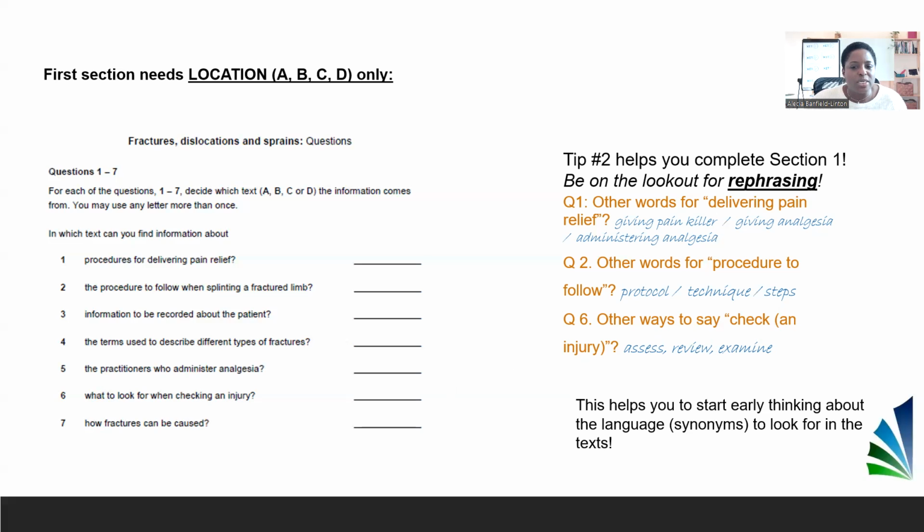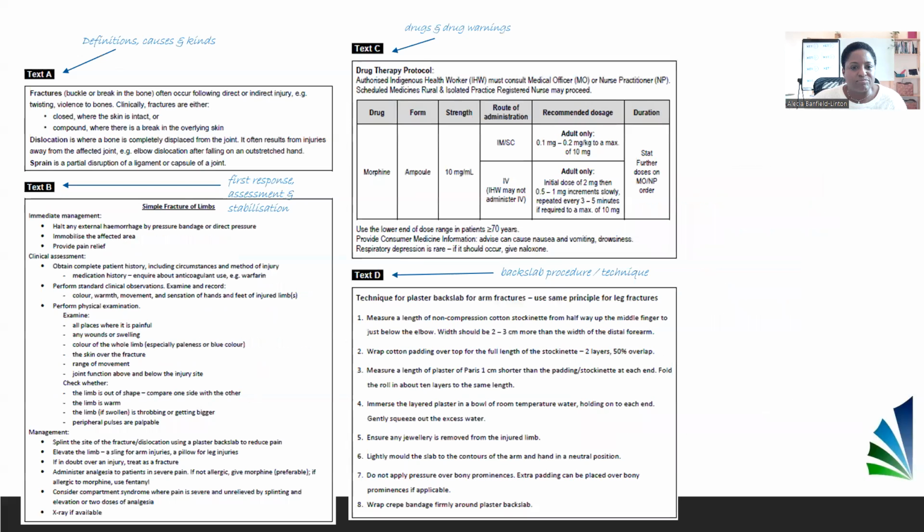So which text is talking about assessing, reviewing, or examining an injury? And if you took B, then you're correct. The answer is B. Okay, good.